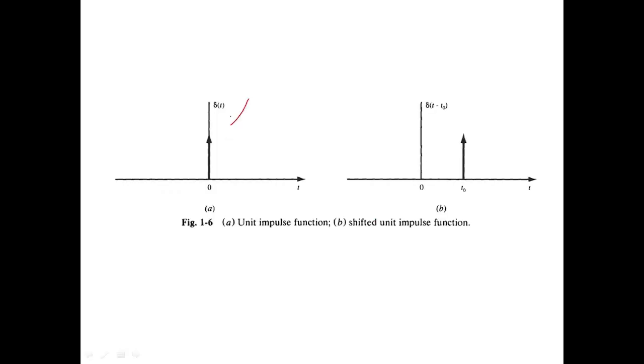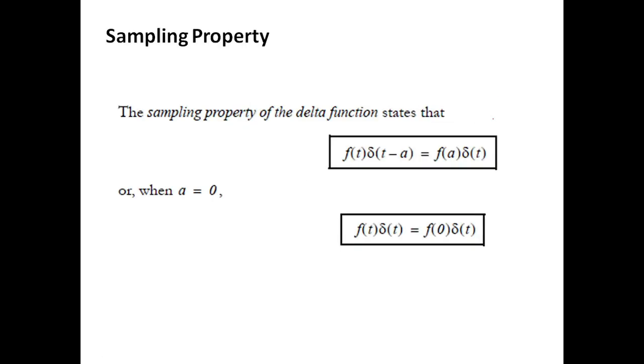So this is how an impulse function looks, and this is the delayed impulse function. And the sampling property, as I was telling you: when you multiply this impulse function with a continuous time signal, at whatever location the impulse function is present, the output would be the value of the signal at that instant.